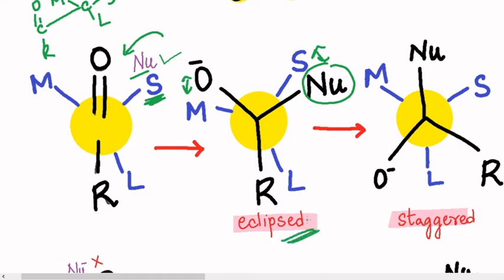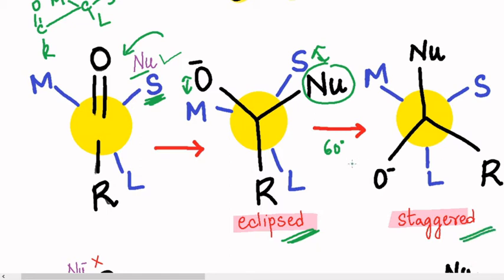But we know that the eclipse conformation is not stable, so what can be done? I'll rotate the molecule by 60 degrees, and we have a staggered conformation again.